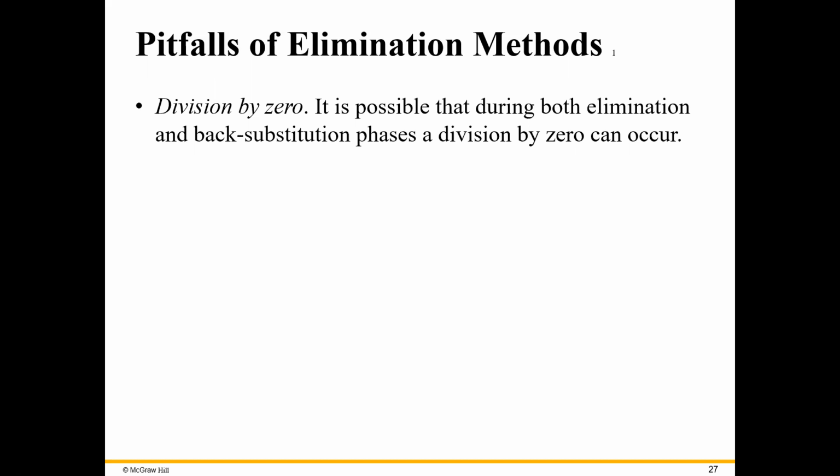Sometimes when using the elimination method, we may come across this situation. It can happen during both the elimination and back substitution that a division by zero can occur. When this happens, the elimination method can fail.